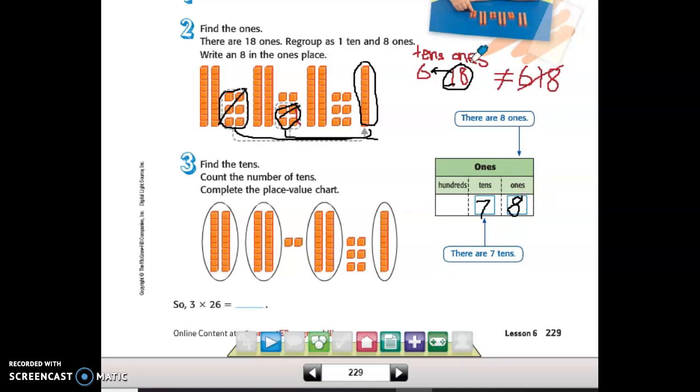Which makes sense because when I regroup this 1 over to the 7, I've done nothing to change that 8. So 78 is the same as 6 tens and 18 ones. So 3 times 26 is 78. And if you have enough Legos or blocks that fit together, you can model this out with those blocks.